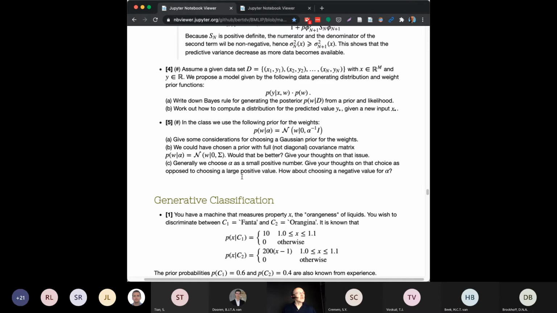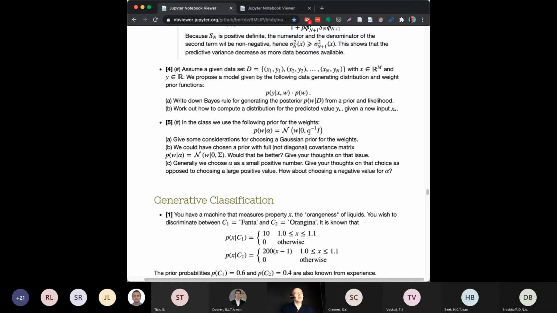I will fill that in later, so you won't forget, or at least you can read about that. Fill in some of these considerations. Let me say one more thing. The choice for P(W | alpha) as a Gaussian with a small alpha is not mandatory. You can choose something else, right? The best I can do is tell you some considerations, and if you have other considerations, other arguments, and they make sense, you can choose another prior.